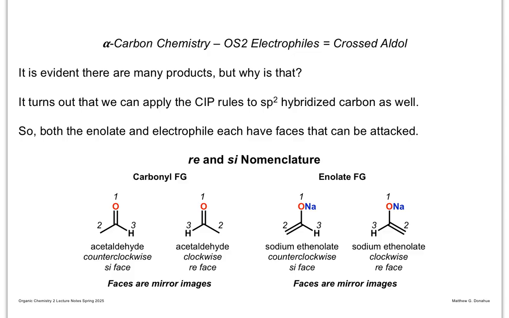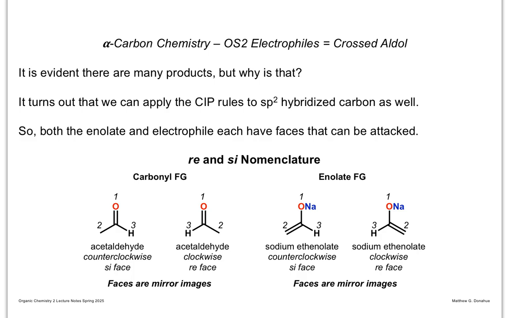So again, what gives rise to all these products? There's a way of describing the face of a carbonyl using the CIP rules, but now the carbon itself is our anchor point.